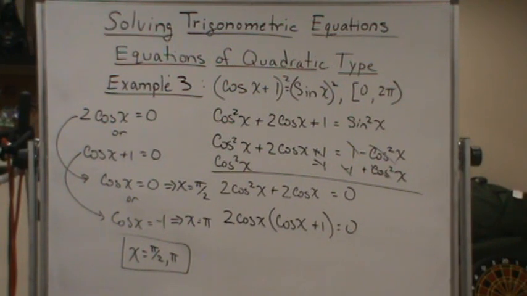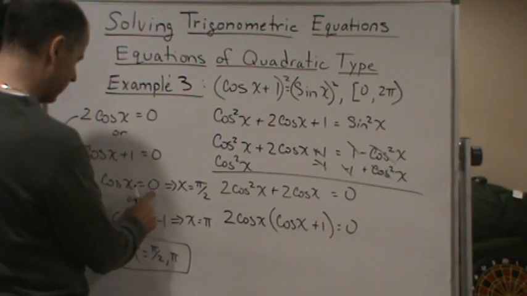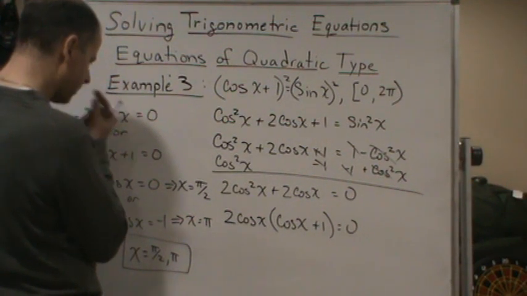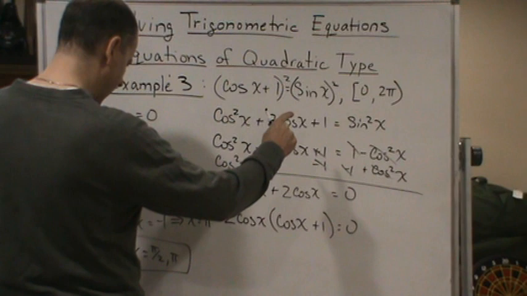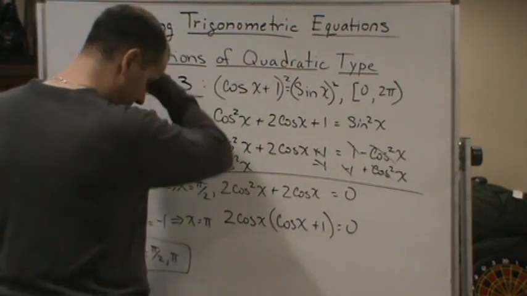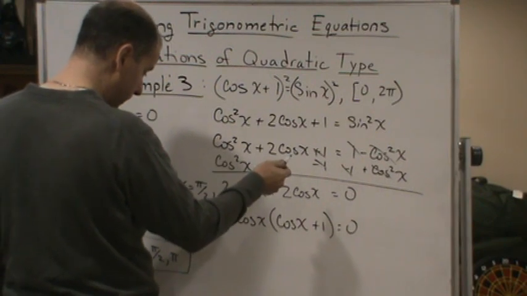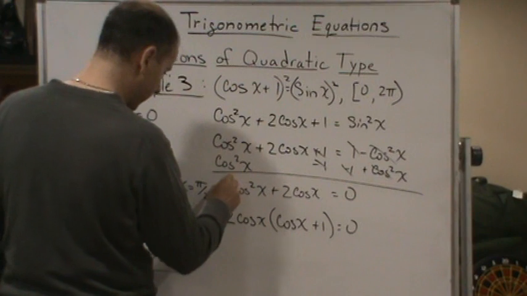Okay. Oh, wait a minute. Nope. I missed one. It's not just pi over 2 here. Where else is cosine 0? Remember, it's pi over 2, but it comes back up, and that would be at pi over 2 plus pi, which would be 3 pi over 2.